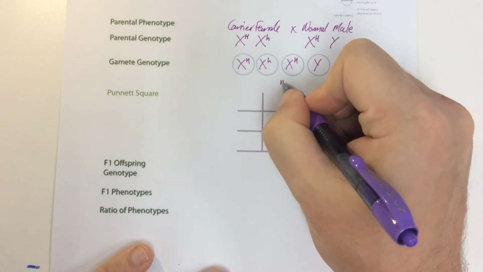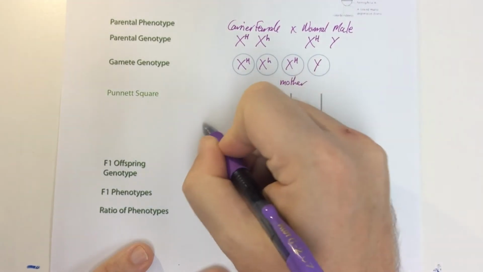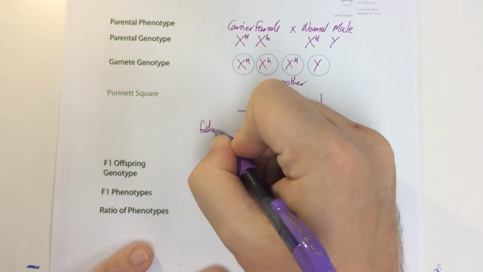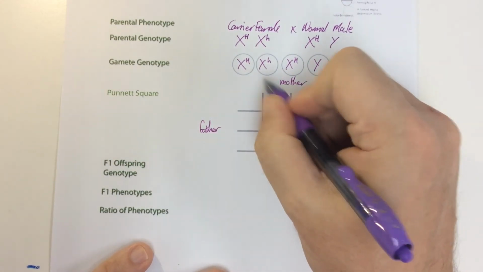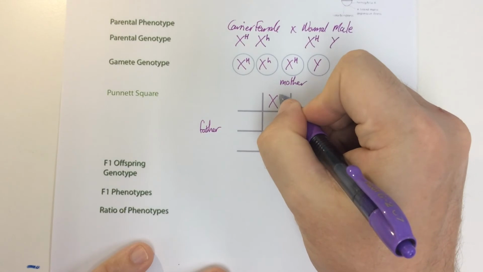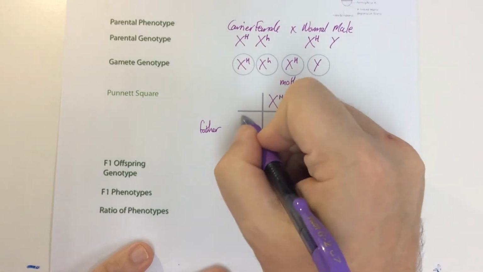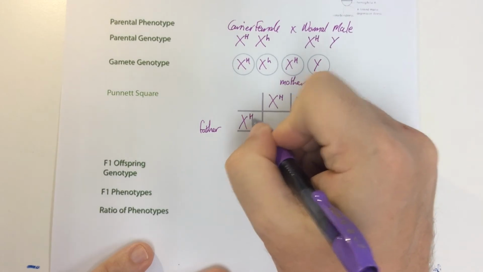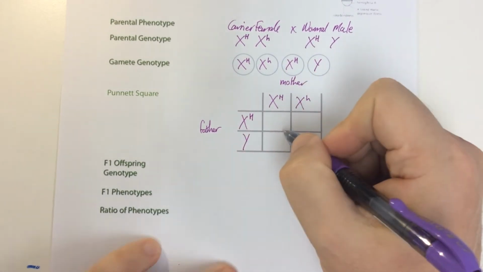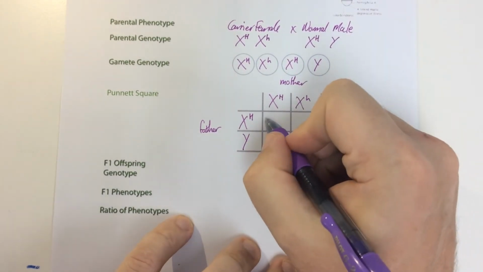Okay, so let's put mother on top of our Punnett square. We'll put father down the side. Mother X superscript H, X superscript little h, X superscript big H for the father, and Y. So I'm going to do the sex determination first.